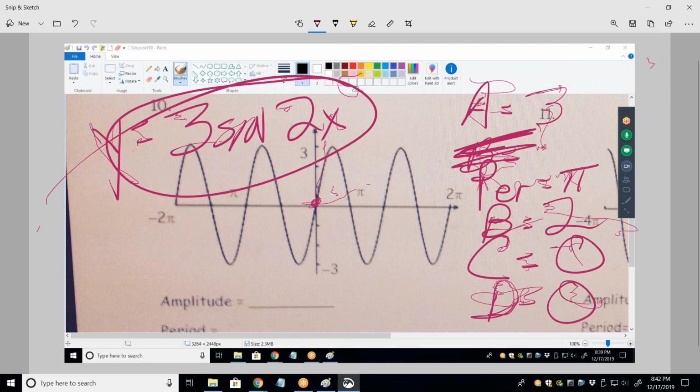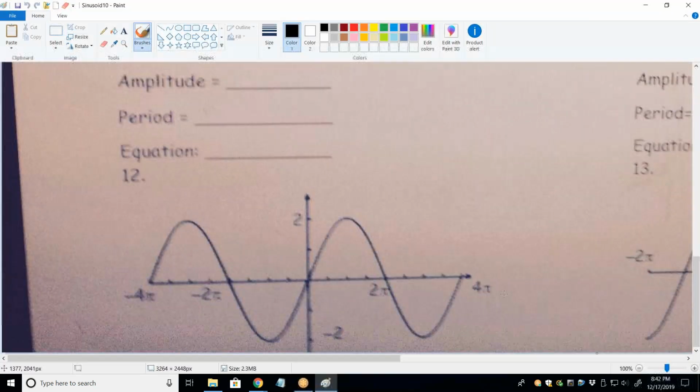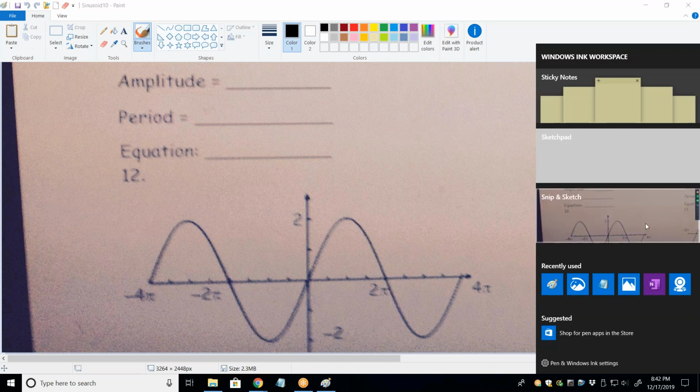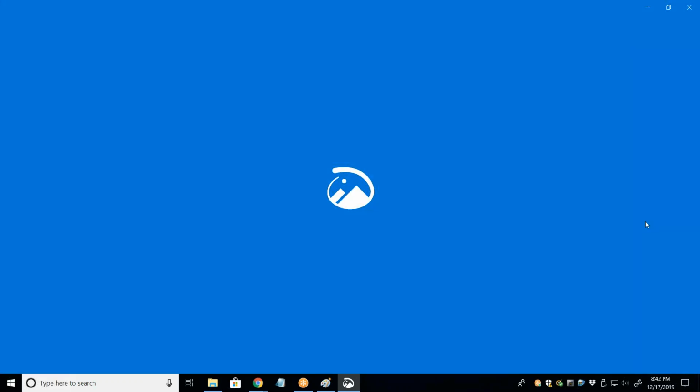It's that easy. Let's try another one here. Okay. Number 12. Hold on 1 second.